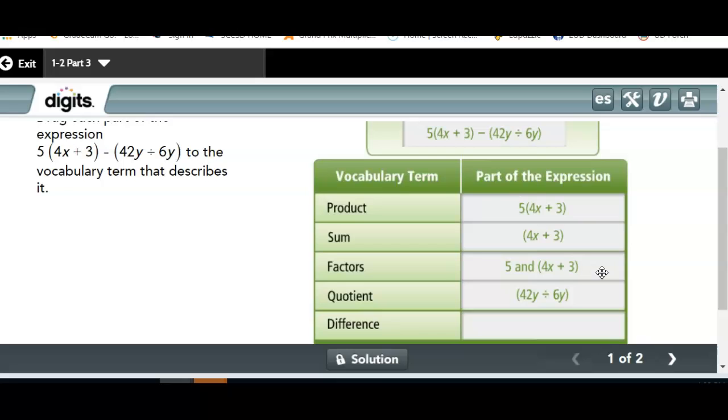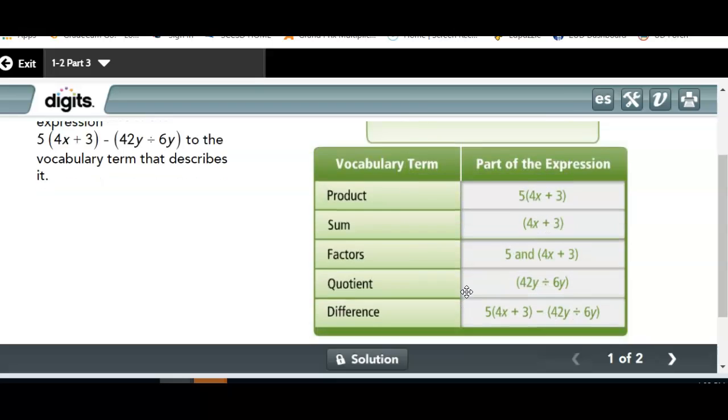So if we have 4 times 5, the factors are 4 and 5. Okay, they're the numbers that you're using to multiply. It's up here on the board as well. We get the top right of the word wall. This factor. And the last one here is, Maggie, is the difference. Let's check our answers.